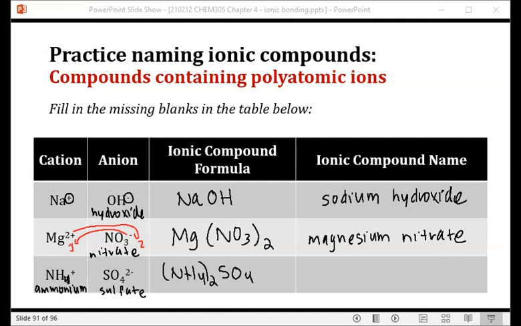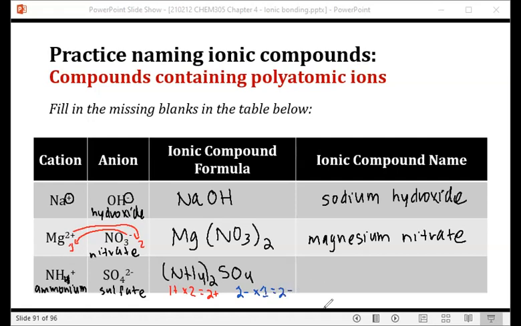And if we check that the math works out for this, each ammonium has a charge of 1 plus times 2 of them equals a total positive charge of 2 plus. And for the sulfates, each sulfate has a charge of 2 minus, and we have 1 of those, equals a total negative charge of 2 minus.